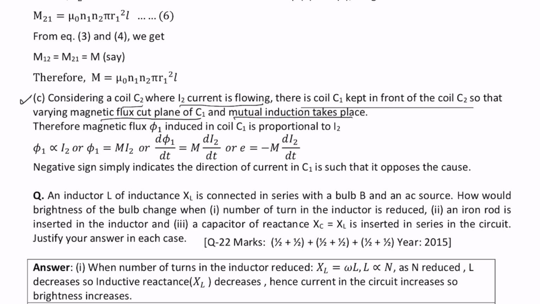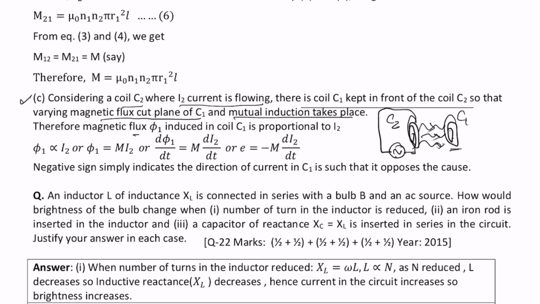Means there is a coil here, this is C2, and there is a coil here, this is C1. Here we have connected some AC source, so the magnetic lines of force cut the plane of C1. It is varying in nature because it is AC.